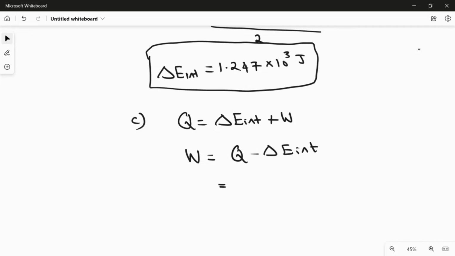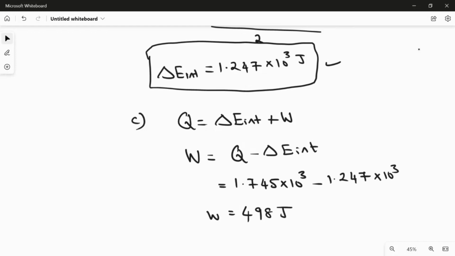Q we already found in the first part, which is 1.745 times 10 to the power 3, minus the change in internal energy, 1.247 times 10 to the power 3. So I got the work done as 498 joules. So this is the answer for the third part, work done.